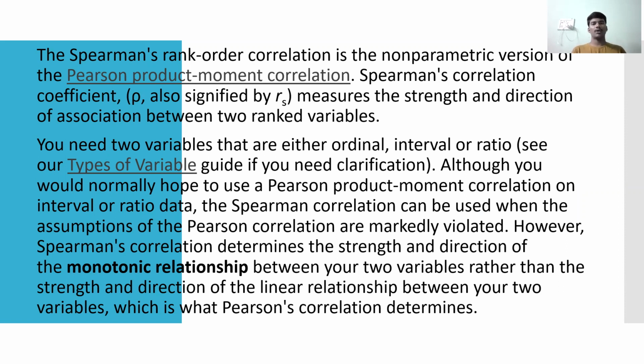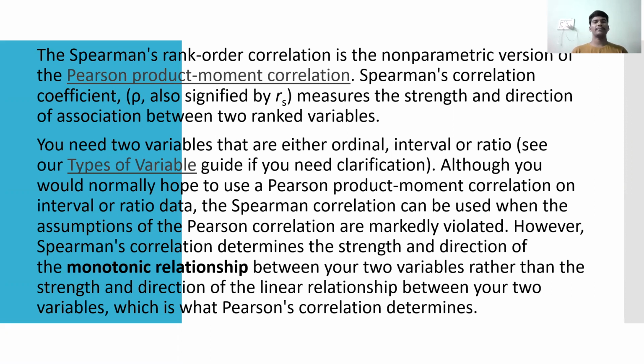Spearman's correlation coefficient, rho, is also signified by Rs. Normally r is the correlation constant and Rs is Spearman's correlation coefficient, which is considered separately.